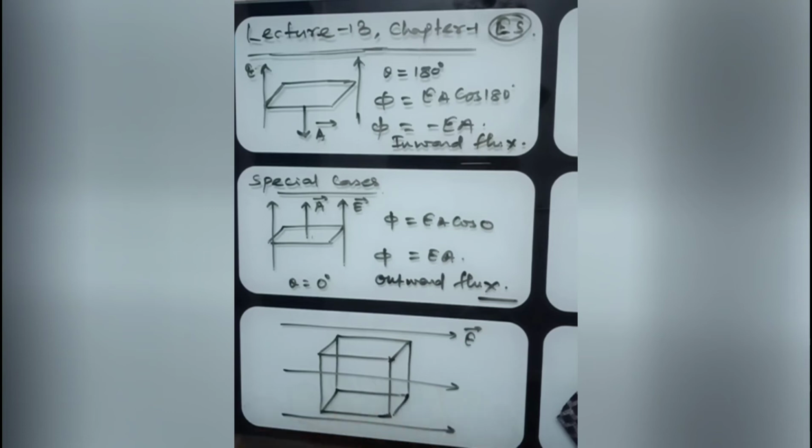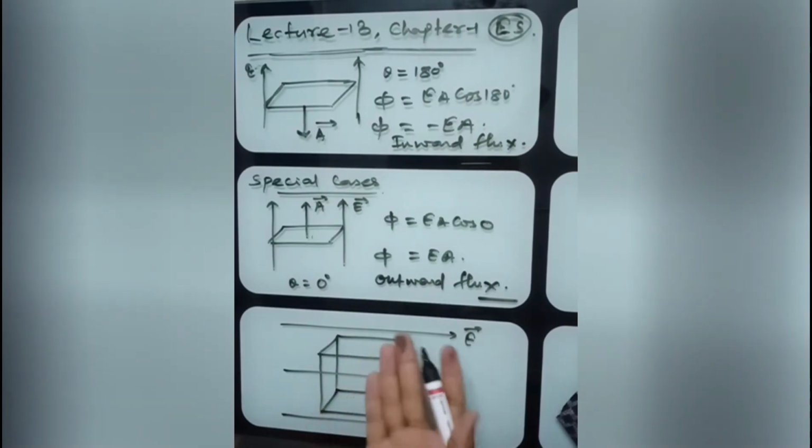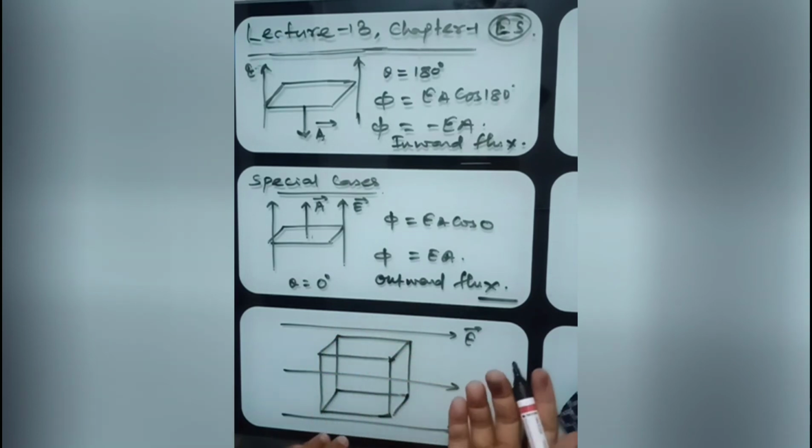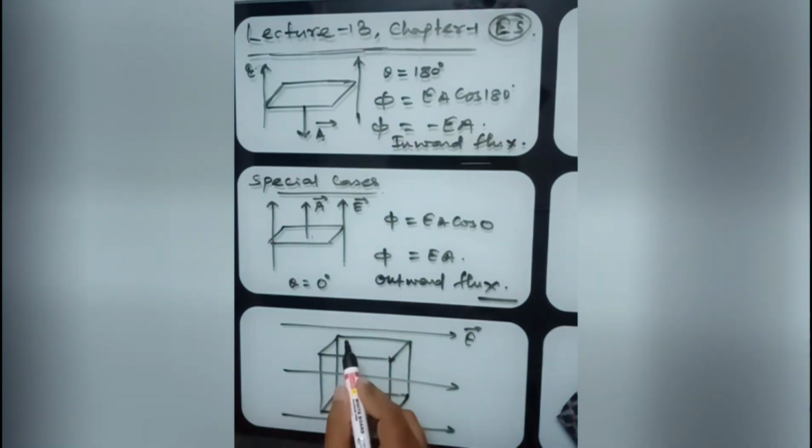Now try to find out which plates are not capable of counting the electric field lines. It is this area 1, the bottom one, this bottom one, not capable of counting the field lines, and this is also not capable of counting the field lines.